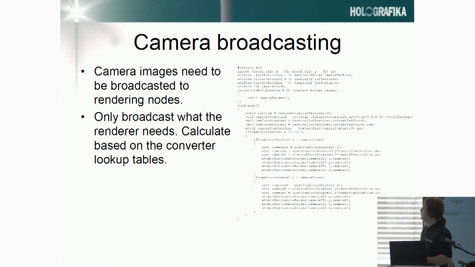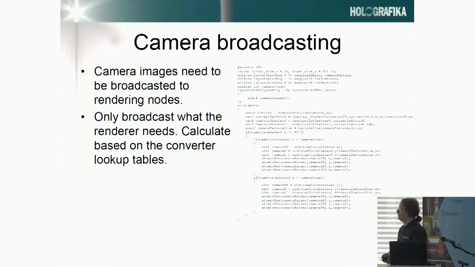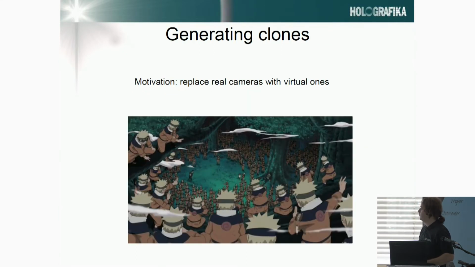This is the cut shader. This is again GLSL compute. We search the table, and we do atomic min and atomic max on the camera coordinates, and we store the bounding box of the necessary regions per camera. We send this to the broadcaster so it knows what to cut.